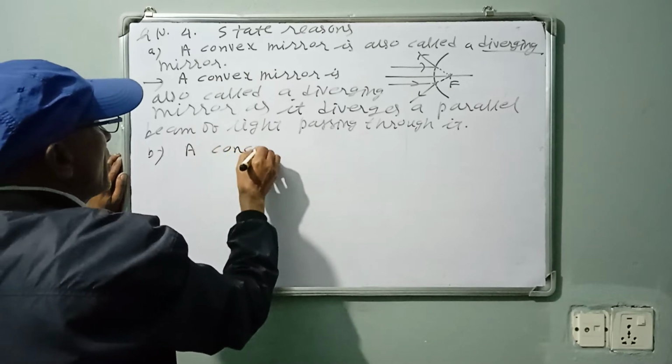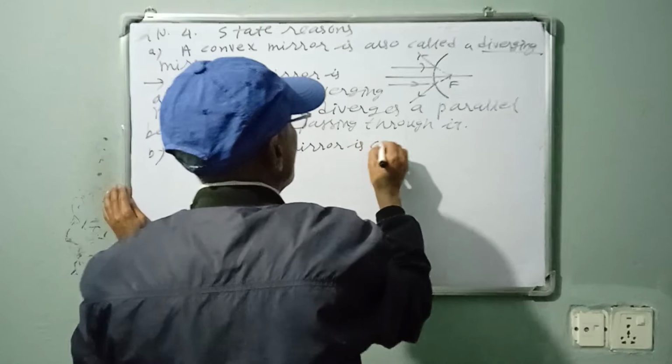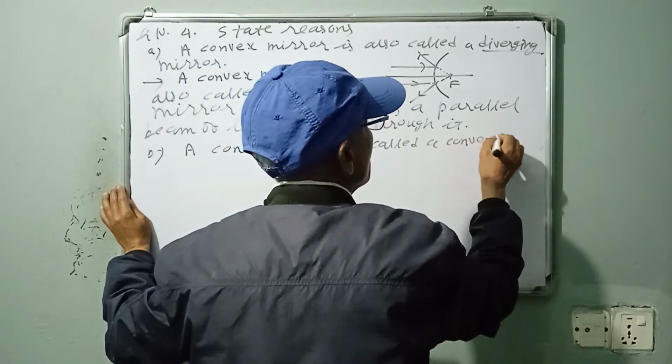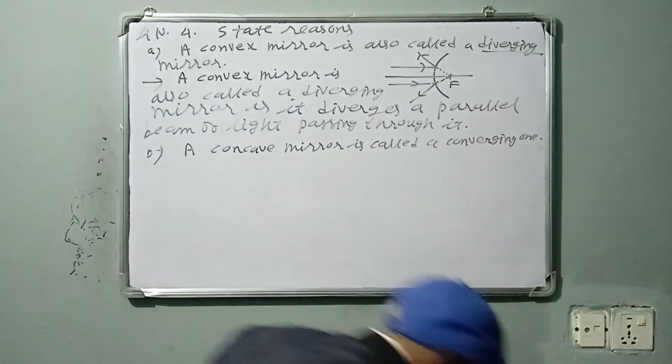A concave mirror is called a converging one. Why? Because it converges.